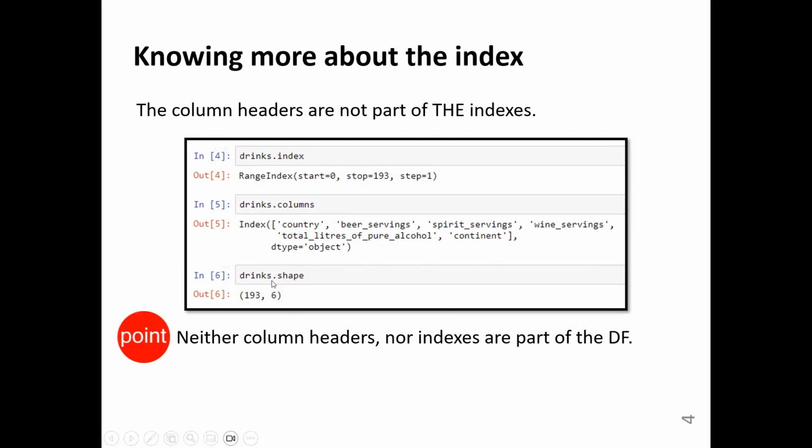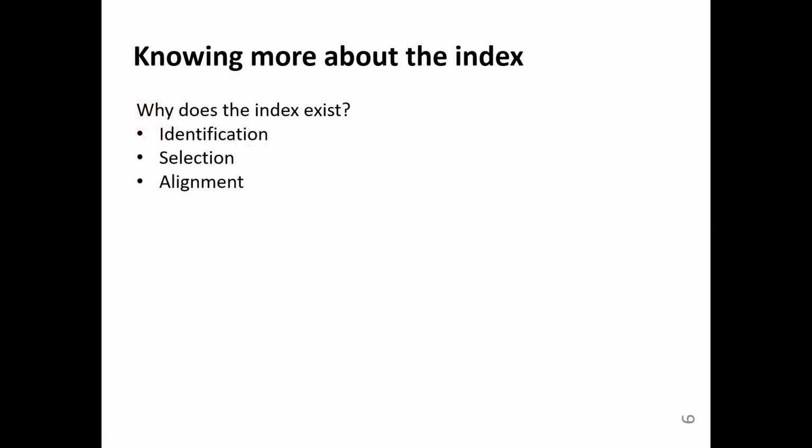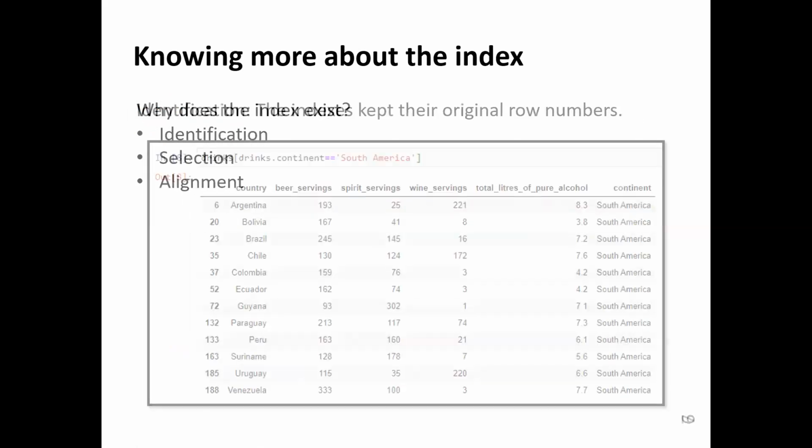If we say drinks.shape, it shows 193 rows and 6 columns. We checked another data set, and it shows the indices even for the column headers, numeric values for that. We said we use indices for 3 major reasons: identification, selection, and alignment.